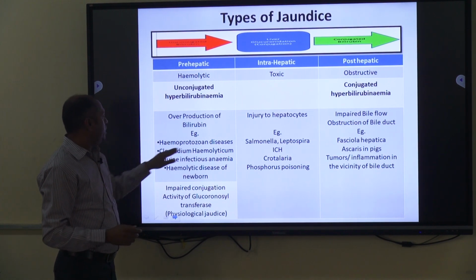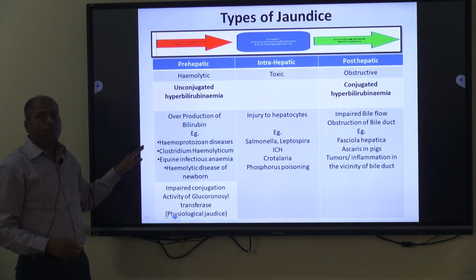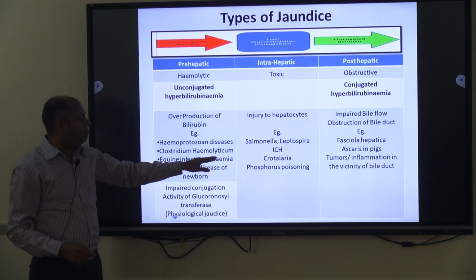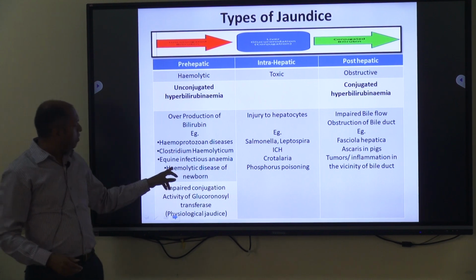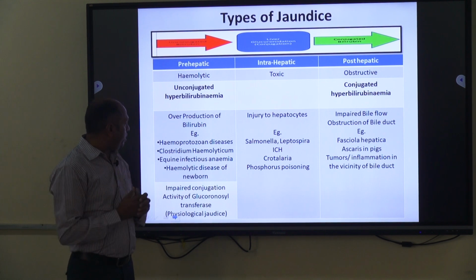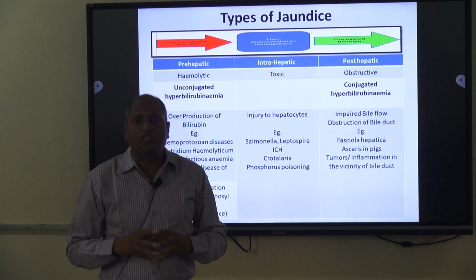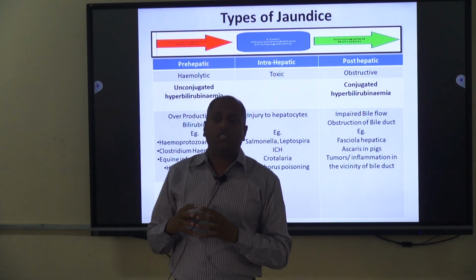So that is hemoprotozoan disease. The second one is bacterial disease, Clostridium hemolyticum. The third one is a viral disease, equine infectious anemia. This can also cause excessive damage to the RBC. The fourth one is hemolytic disease of the newborn. Students, we get this disease in human beings also. In human beings you might have heard about erythroblastosis fetalis.